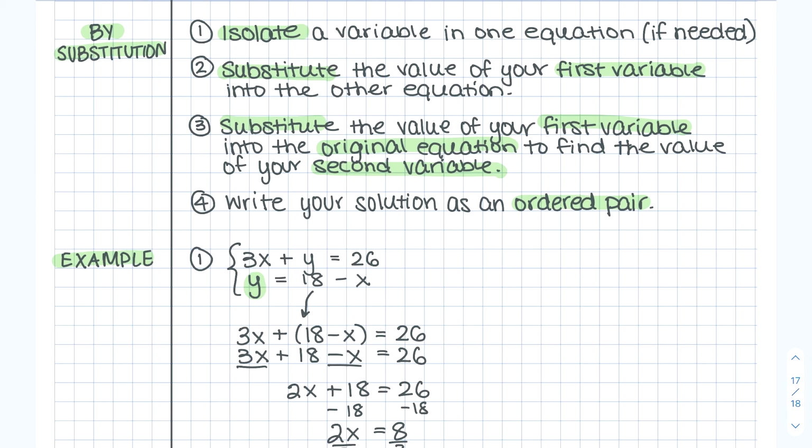However, I'm not done. Remember that a system of equations, right, it's where two lines meet at a point. So I have the value of my x coordinate, but I need to find the value of my y coordinate, and this is what I do. Now that I have x equals 4, I'm going to plug that in to the second equation, which is right here.